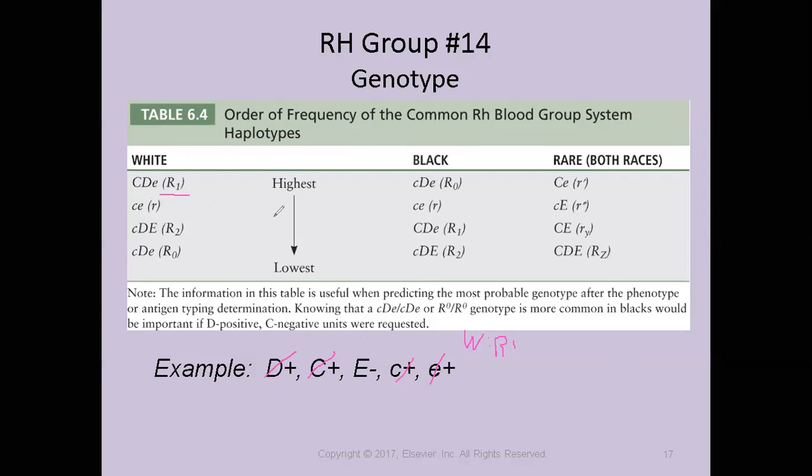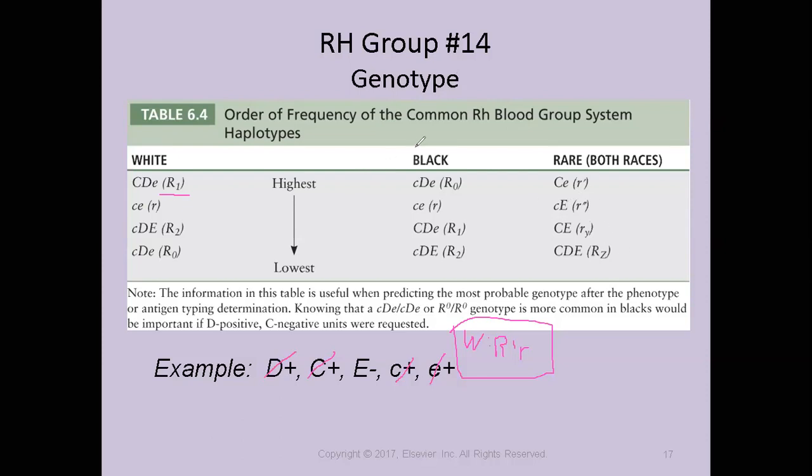And so we could say, in a white person, the most likely genotype would be big R1, little r, based on our charts of frequencies. Now, let me go and do a different color, a pretty color that's going to stand out.